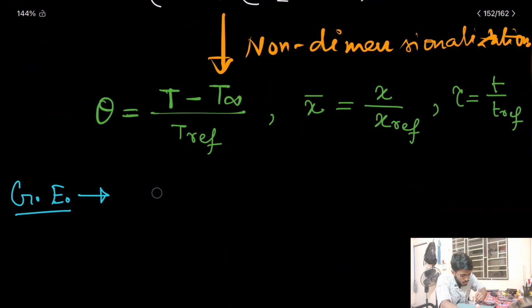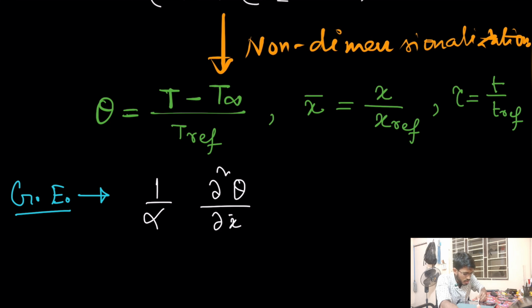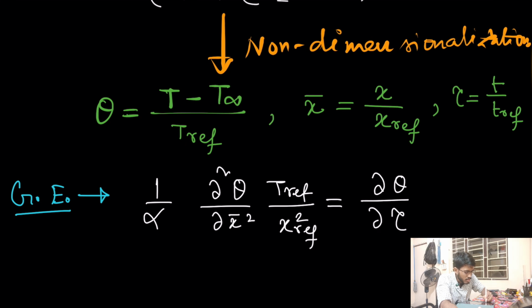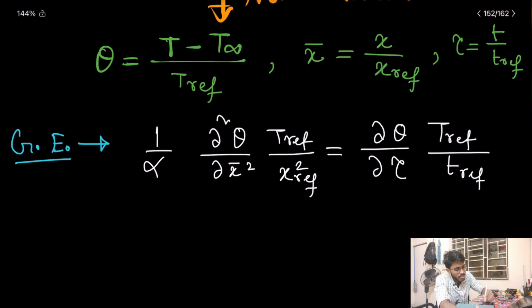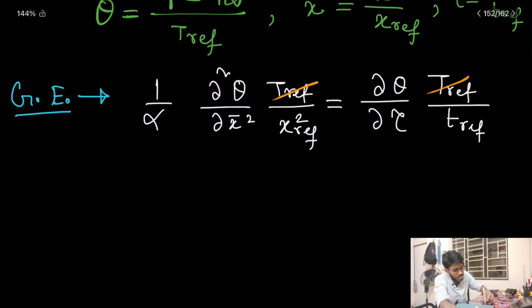Now this will be 1 by alpha del 2 theta del x bar 2, multiplied by t ref, and x ref square is equal to del theta by del tau. Here I will multiply small t ref, so I can cancel out this capital T ref.